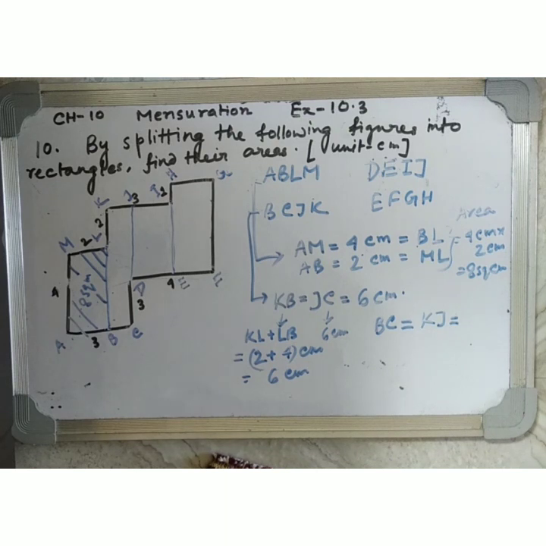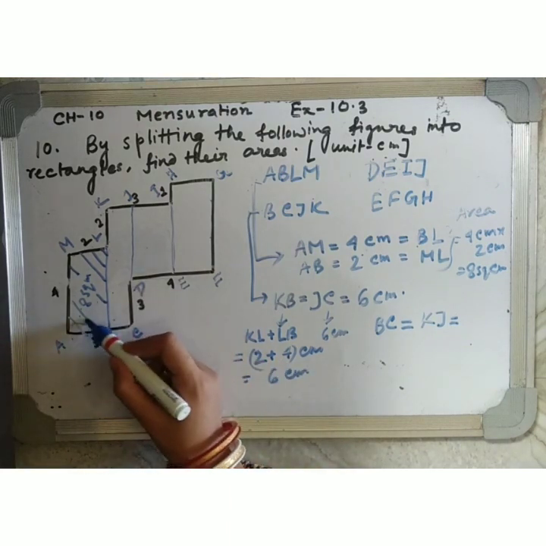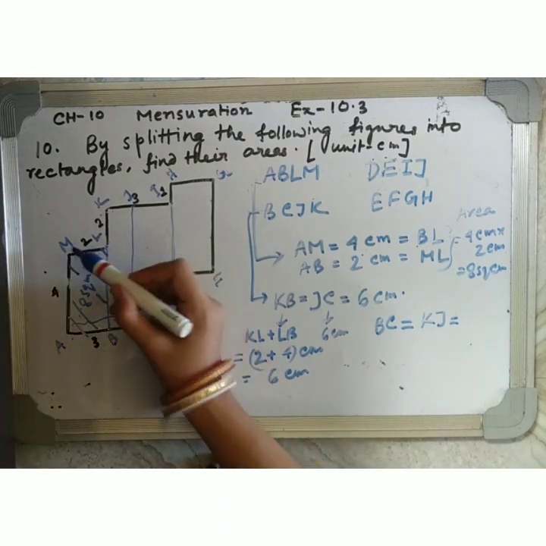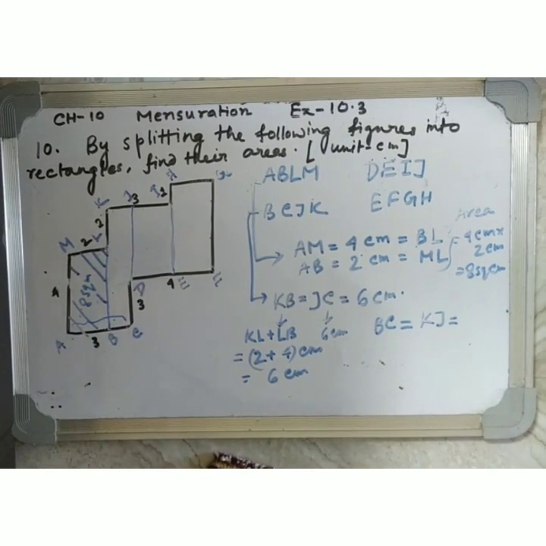Now see it very minutely. This line, AC, is completely 3 centimeter. Okay, and this line ML is 2 centimeter.